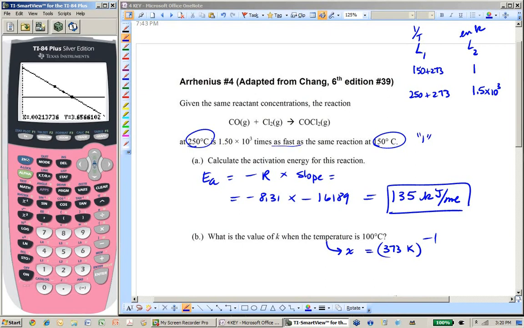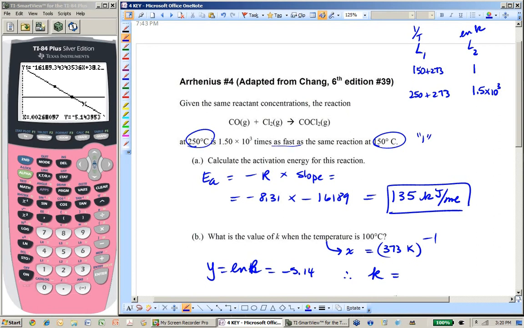Repeat. Second, calculate, enter. 373, don't forget to take the reciprocal. There we go. So y equals ln of k, equals negative 5.14, but remember it's stored.